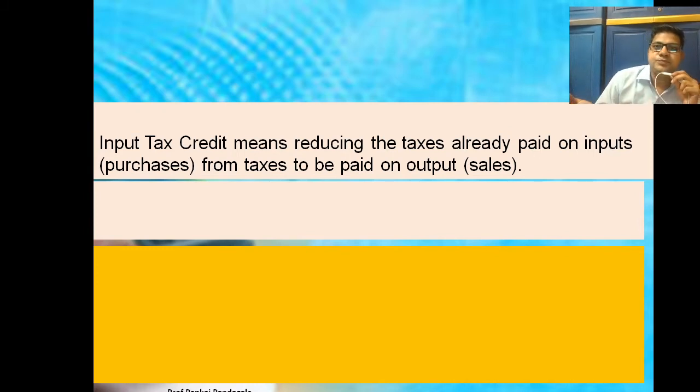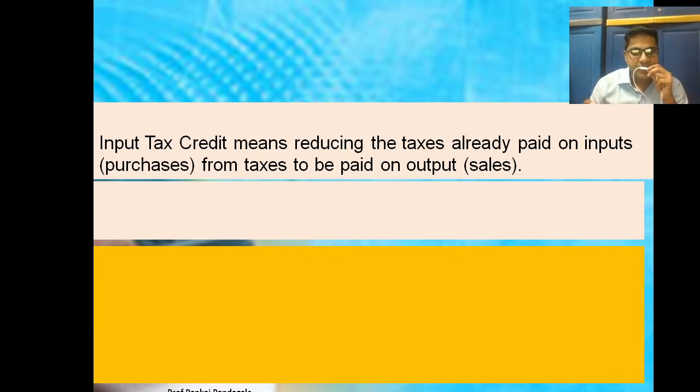Now friends, whenever the manufacturer, wholesaler, or retailer purchases goods, at that time they pay taxes. If they sell the same goods, at that time also they pay taxes. So these are two-time taxes, that is a cascading effect. Cascading effect means paying GST at the time of purchase and paying GST at the time of sale.